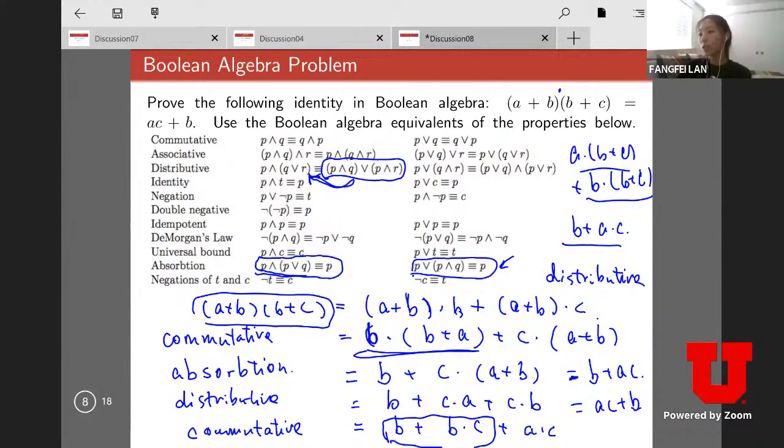So we did include a few problems from quiz 2 in this discussion. If you have questions about quiz 2 problems, I know some people were asking for answers, but we're not publishing the answers for these problems.